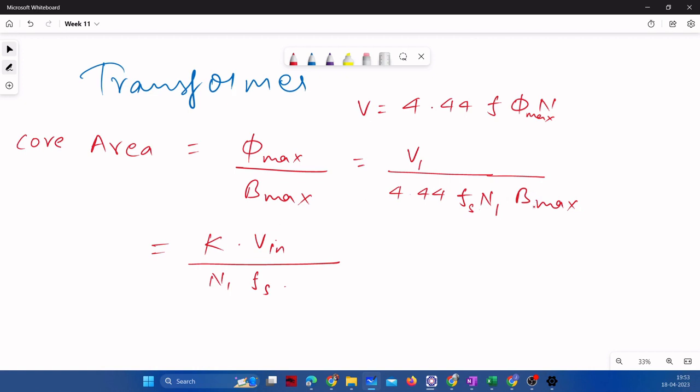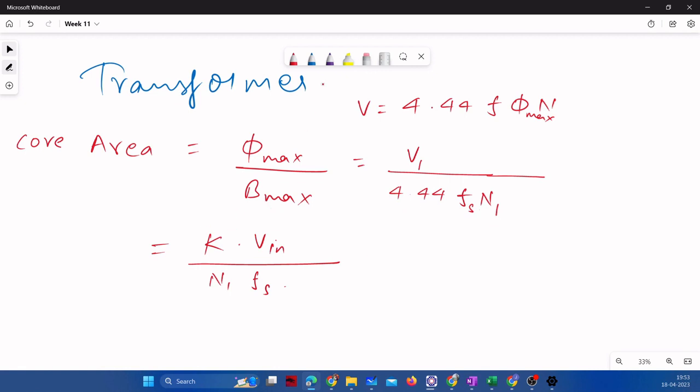So now I eliminated Bmax. Why? Because phi max is nothing but Bmax into area, right? So if you have phi max divided by Bmax, it is nothing but indirectly the dimension of area. This K factor is nothing but the duty ratio of the forward or flyback converter, whatever we will use.